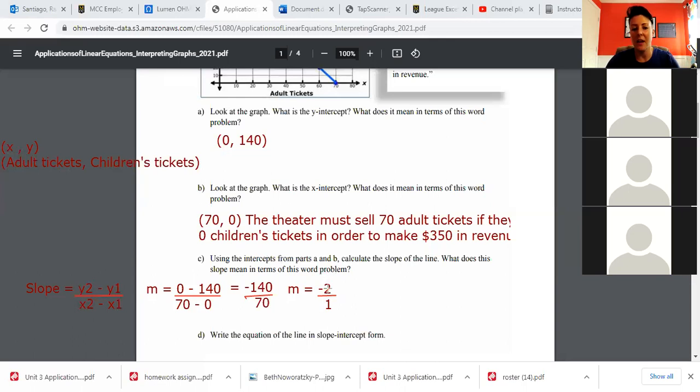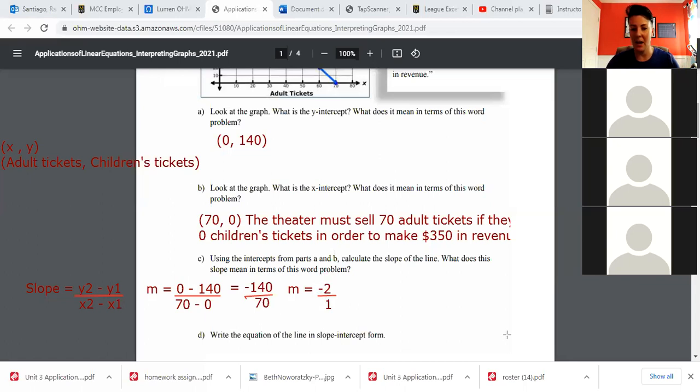So what we could say is that for every 2 fewer children's tickets, the theater must sell an additional adult ticket. You see how that's happening? Notice the numerator is a negative 2. This refers to the number of children's tickets, where the denominator is the number of adult tickets.